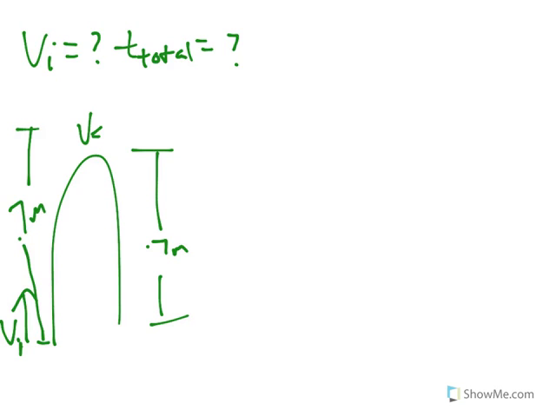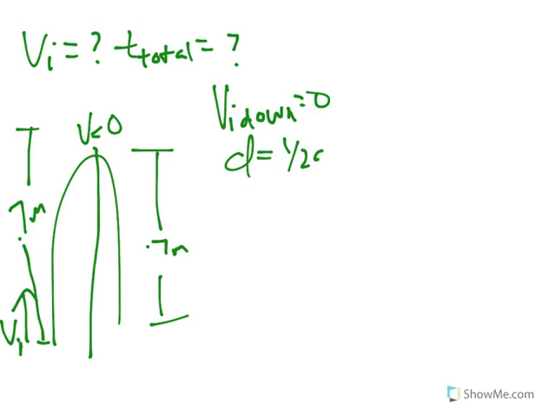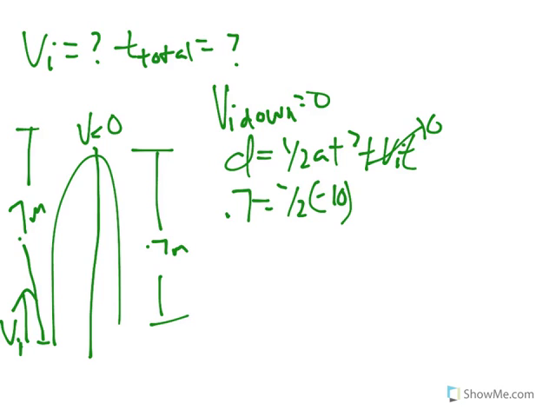And we know the velocity up here at the top is 0. That's important because it allows me to divide my problem in half, and I can say the initial velocity on the way down equals 0. That means I can use d equals 1/2 at squared plus vit to solve for the time, because I can plug in 0.7, and I know a is negative 10 because it's in free fall, and t squared is my unknown.